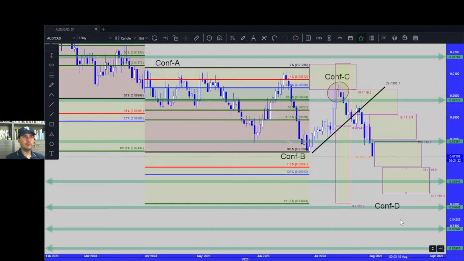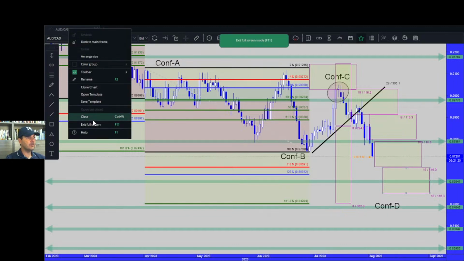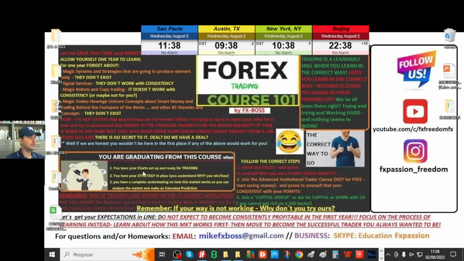Here is the question for you everybody. I'm talking to the advanced traders in this course. If you are building your charts with the Fibonacci's, monthly, weekly, daily, and then the smaller time frame, and you have the original, the confirmation, and the contrarian. If you have Fibonacci in your strategy, buy or sell the C, stop loss above or below the A, take profit at the D, and you are using the Fibonacci to analyze the market and make an educated prediction.